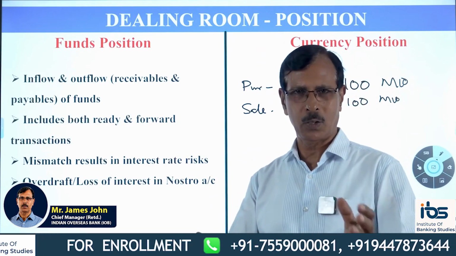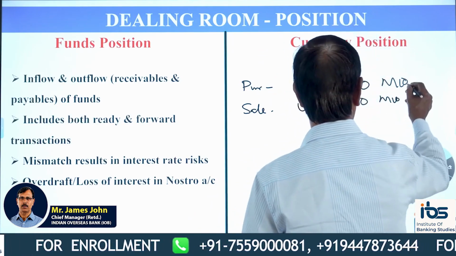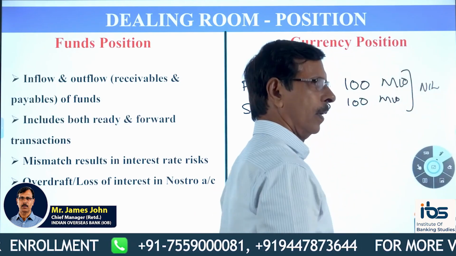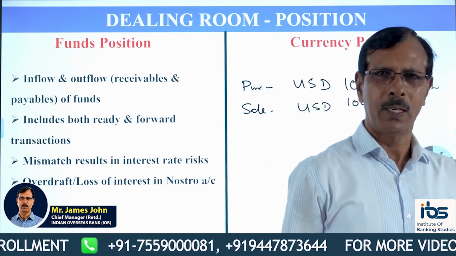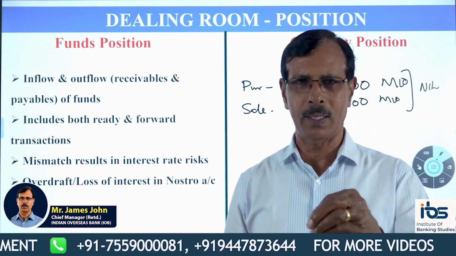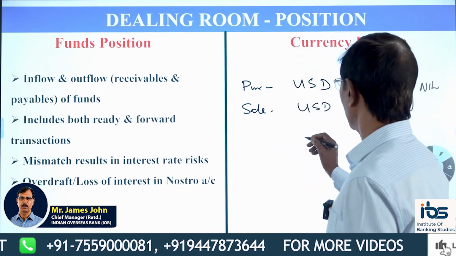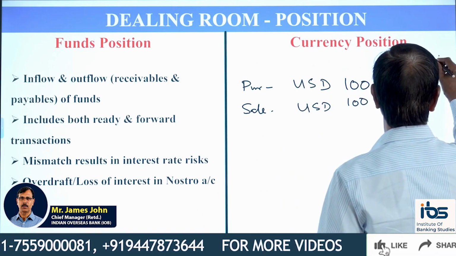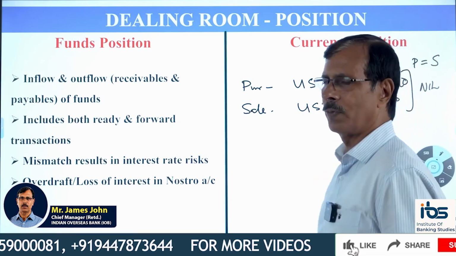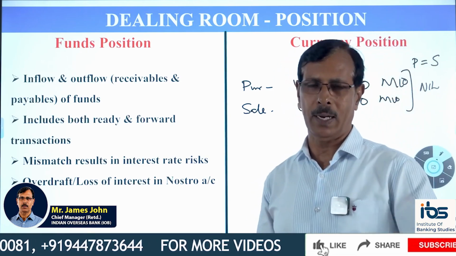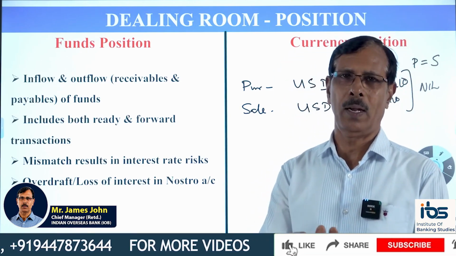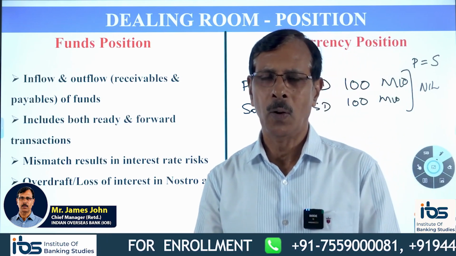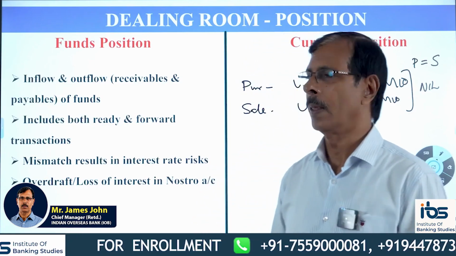Or I can say it's a square one, or in this case the position is nil. So when a position is said to be square, or nil, the purchase is equal to the sale. The amount of purchase and the amount of sale in a particular currency is equal on a particular day. We call it a square position or the position is nil.